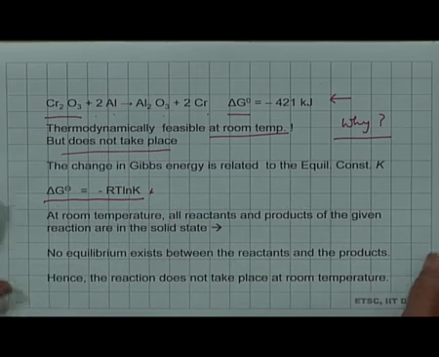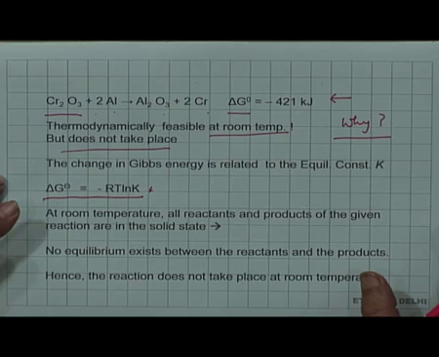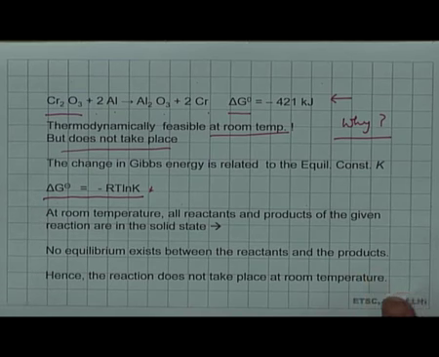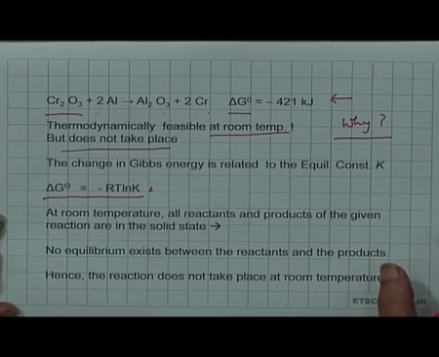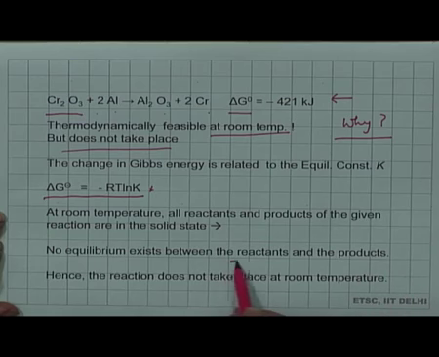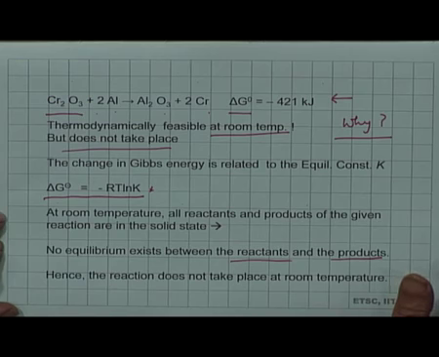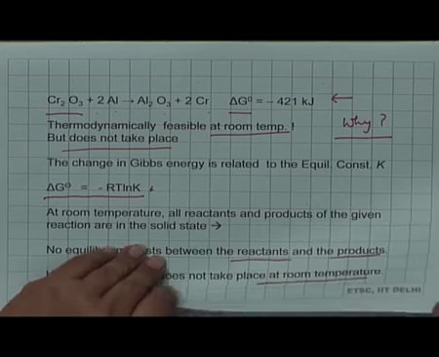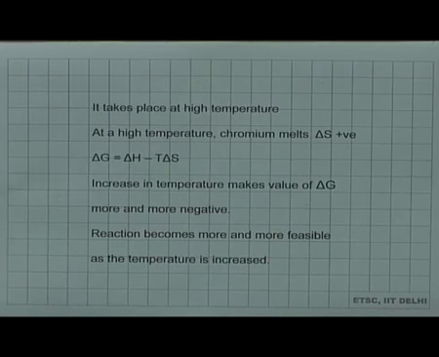So, if all the reactants and products are in solid state at room temperature, there is no possibility that there will be an equilibrium, and since there is no equilibrium between the reactants and the products, the reaction does not proceed at all at room temperature. But what will happen if we raise the temperature?